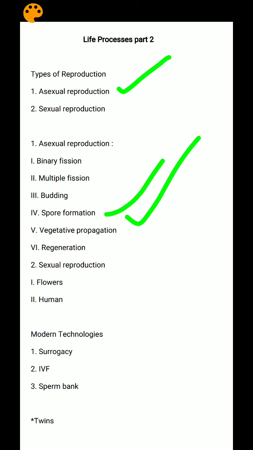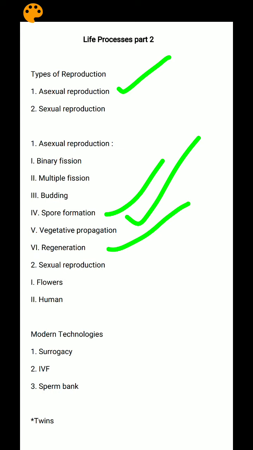Next, vegetative propagation. In vegetative propagation, a plant can be developed from roots, stem, buds, leaves, etc. Next is regeneration. Regeneration means formation of a new organism from a broken part of an organism. The best example is planaria.